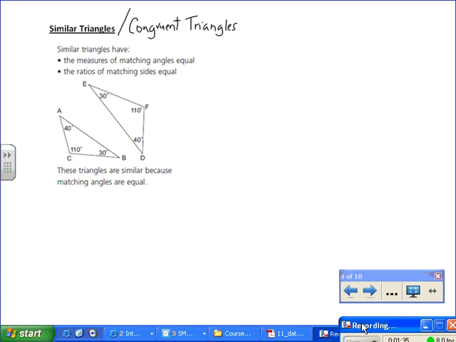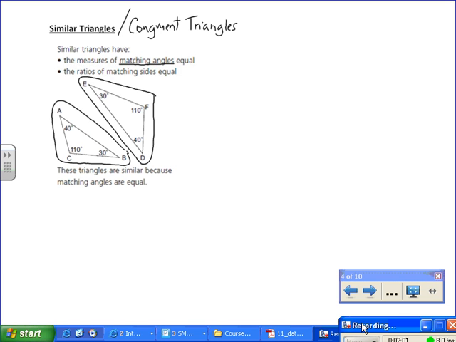Okay, so similar triangles. We're just going to look at triangles at the moment, and similar triangles have angles that are equal. So if two triangles are similar, one might be bigger than the other. You could see here, if you look at these two triangles that we have, triangle ABC looks to me like it's a little bit smaller than triangle DEF.